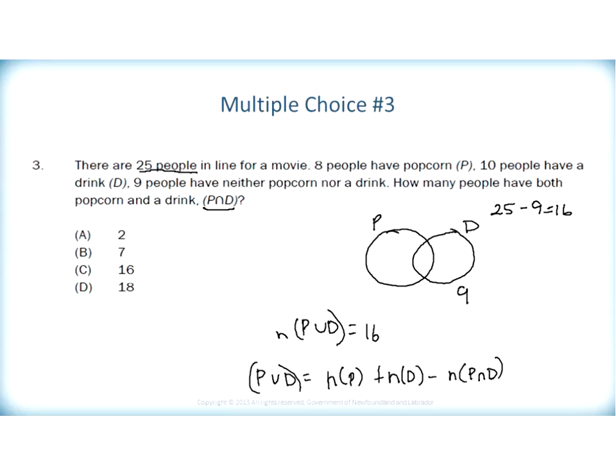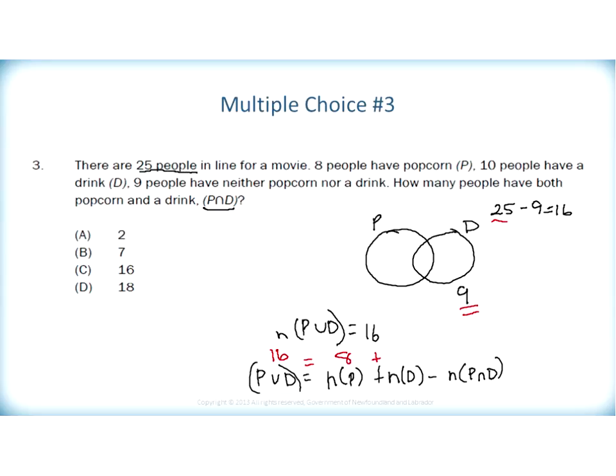And we see that in the union, there needs to be 16 people. Since there's 9 that don't have popcorn or drink, we subtract that from the total of 25 that were in line. We get 16. The number of people that have popcorn is 8.